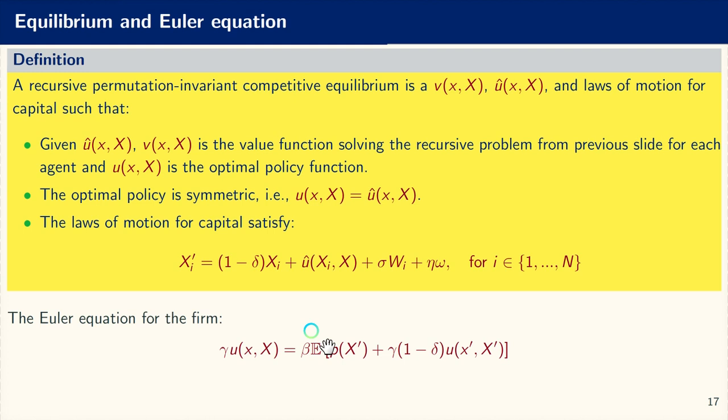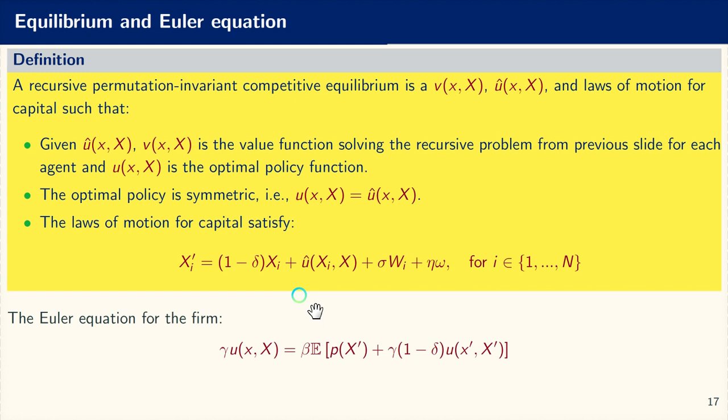The optimal policy function is symmetric, that is, if we switch agents, we permute agents, it will be the same, and the laws of motion for capital satisfy the law of motion, just their definition from before. Okay, so this is a very natural and transparent, I believe, extension of recursive competitive equilibrium to the situation where you are doing permutation invariance.